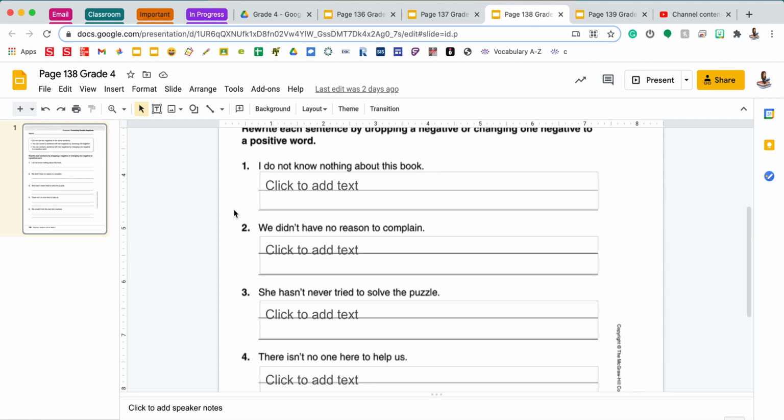The directions read to rewrite each sentence by dropping a negative or changing one negative to a positive word. Let's do one example of each together. Number 1 says, I do not know nothing about this book. I am going to take away or drop one of my negatives, and I'm going to take out do not. So it will change the sentence to, I know nothing about this book.